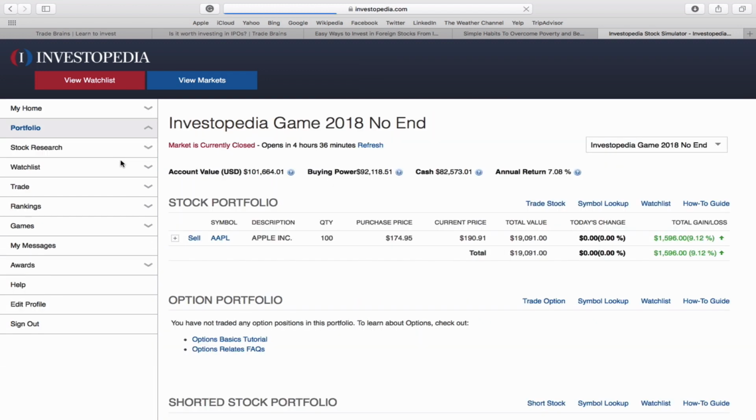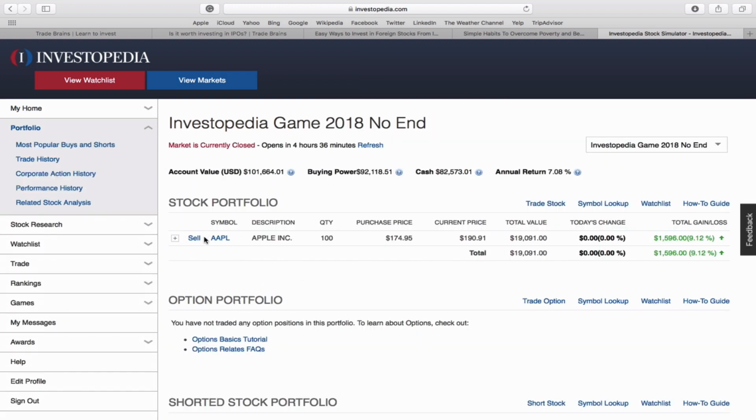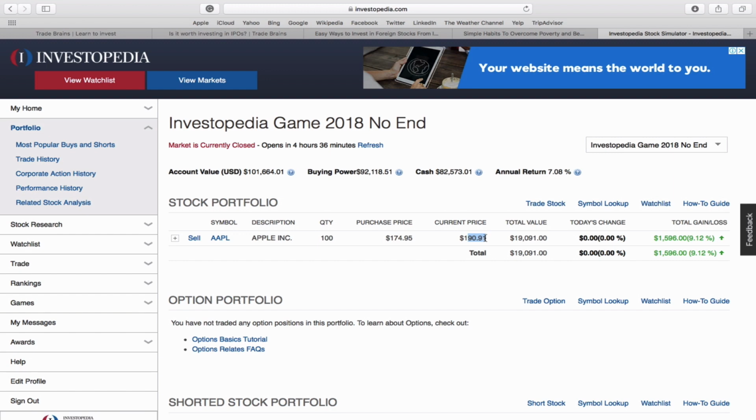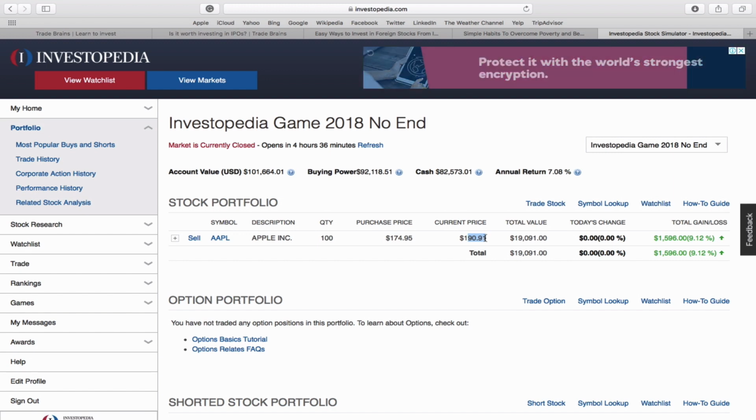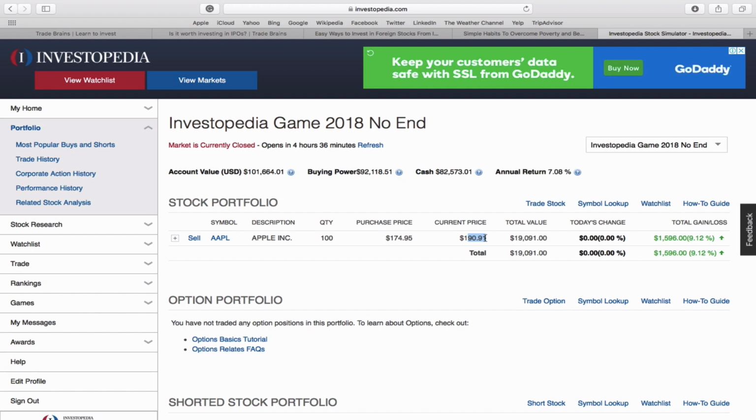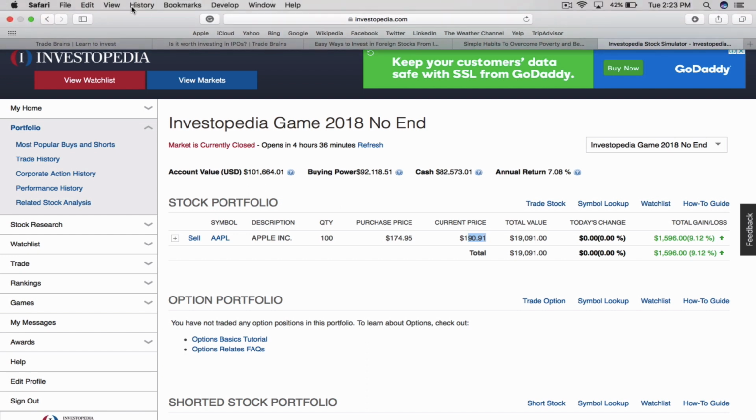Just go to portfolio and you can see that I've bought just one stock, Apple, 100 quantity for 174, and it's currently trading at 190. So you can learn to trade in foreign stocks and different strategies, how to analyze stocks using Investopedia. This is a good website to learn about foreign stocks if you are genuinely interested in foreign stock investing. So this is the fourth bonus website that I want you to know.